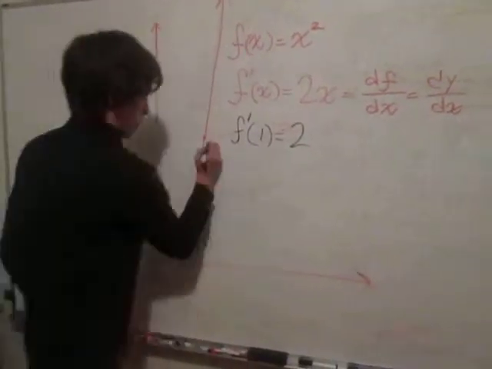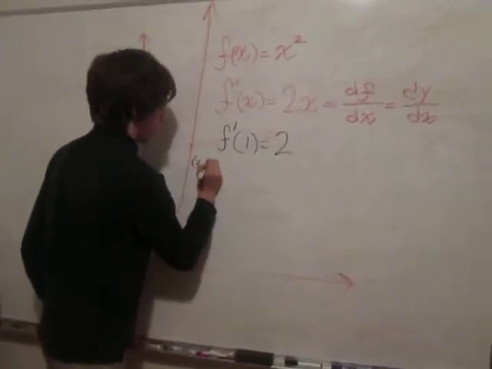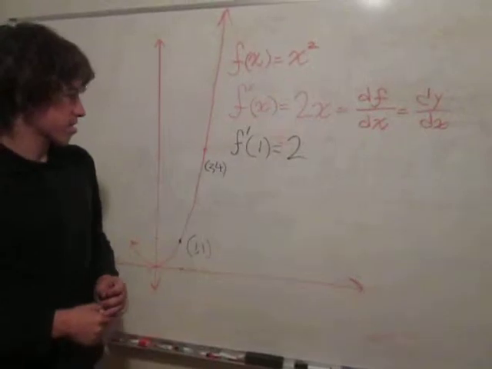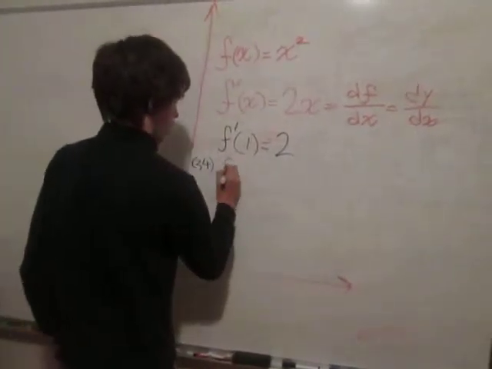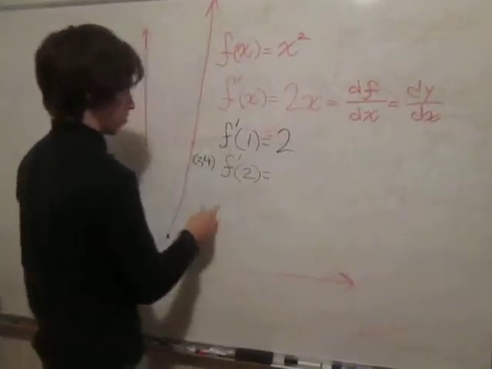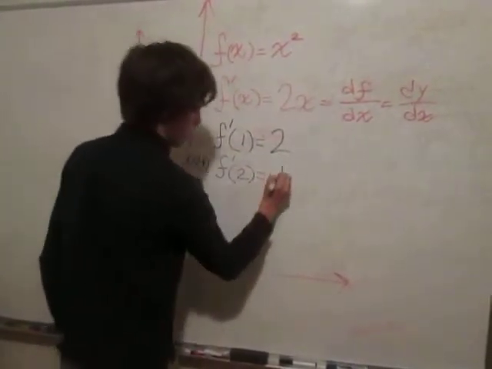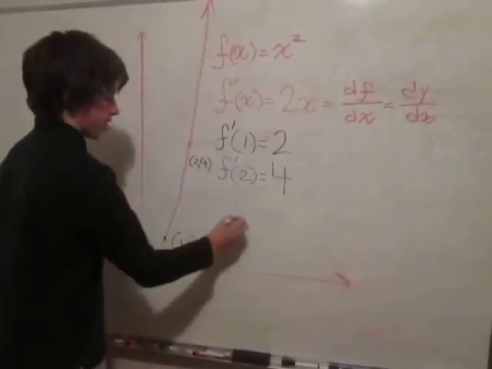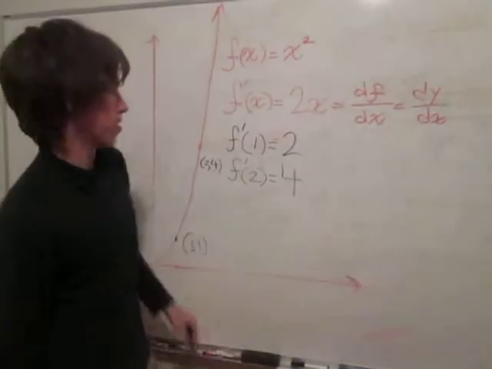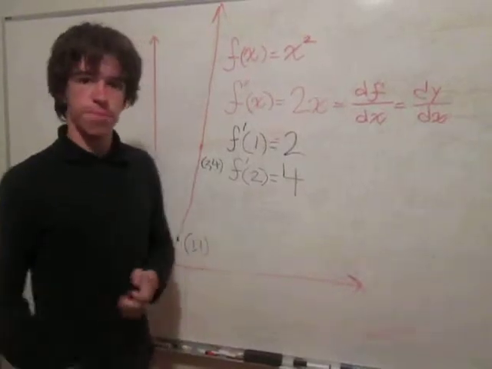Similarly, at the point (2, 4), and we only really care about the x value because we have it as a function of x, f prime of 2 is equal to 2 times 2, that's 4. And that just continues on. We can plug in any point, even negative points, and find the negative slope.